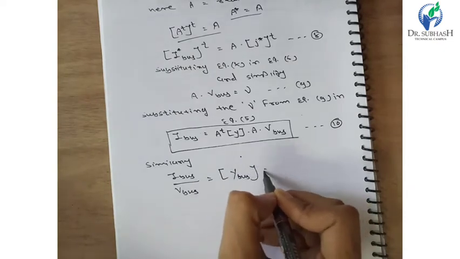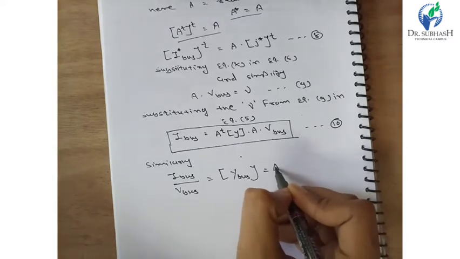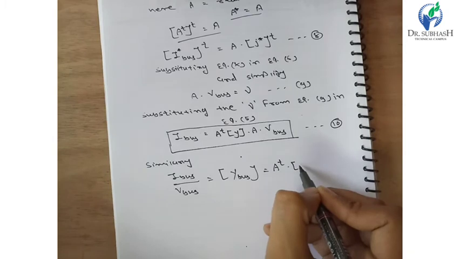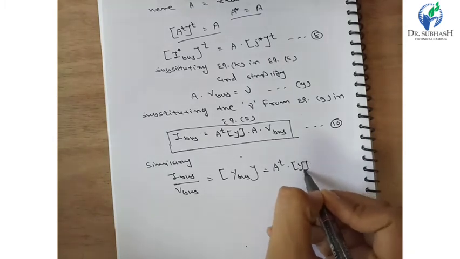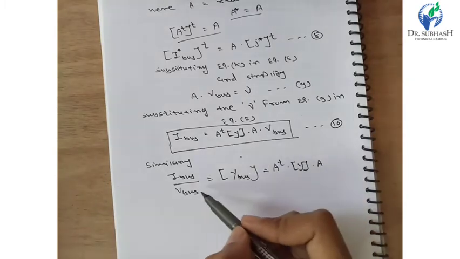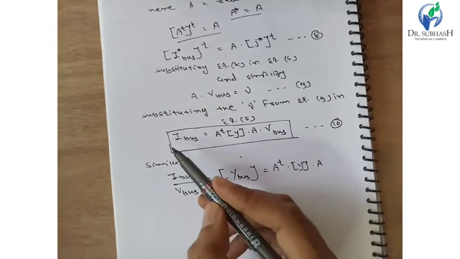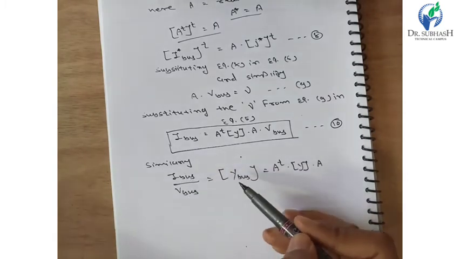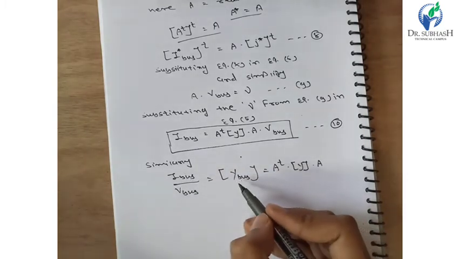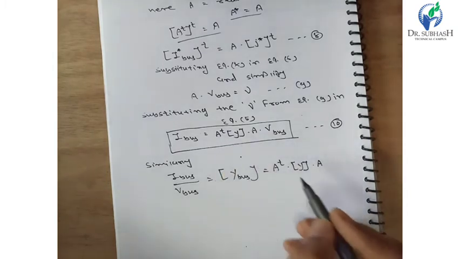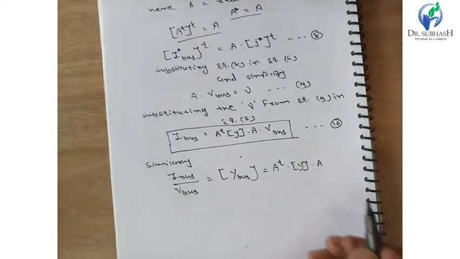So the next point is the value 80 into Y into A. This equation represents that I bus upon V bus is equal to Y bus, and also it is equal to 80 into Y into A.